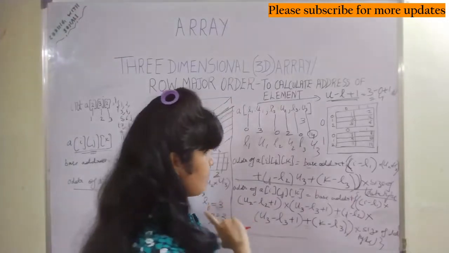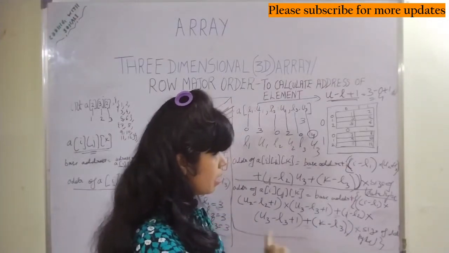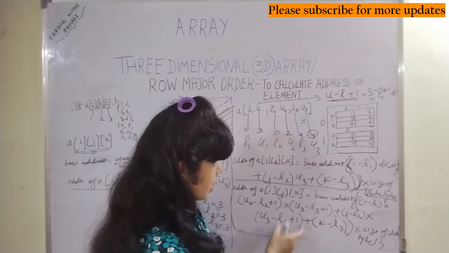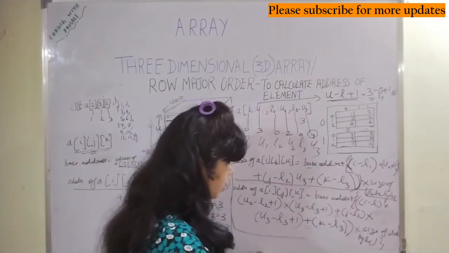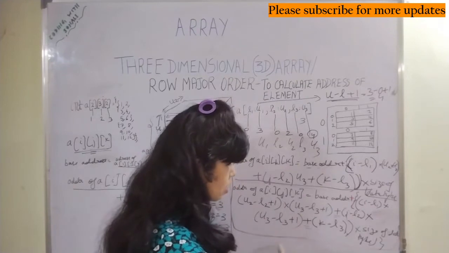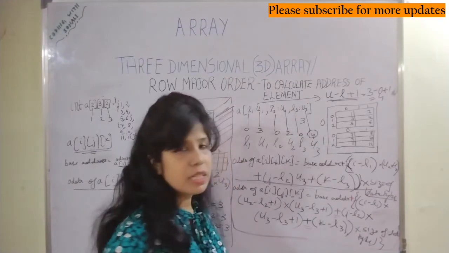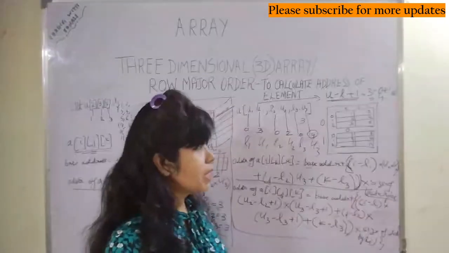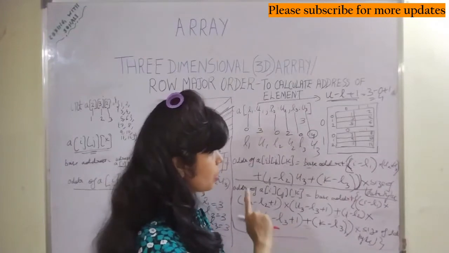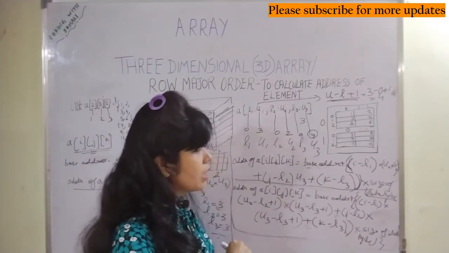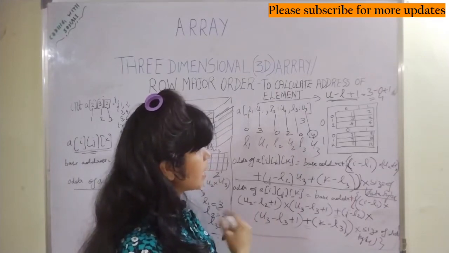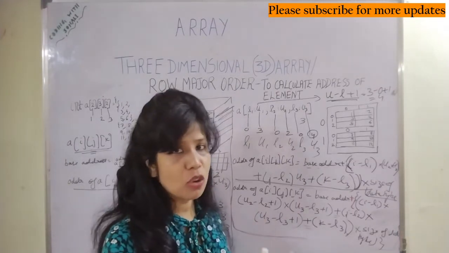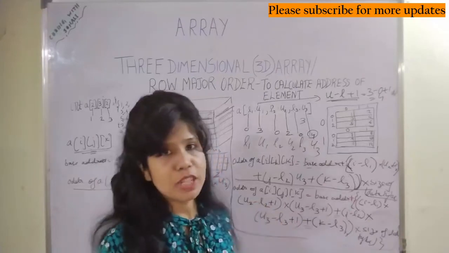Simply in the linear memory representation we will check whether the address we get by the formula matches the address in the linear memory. That way we will understand that it is working correctly and you have solved it correctly. So now let's take a problem and find the address of the element of the 3D array using the row major order.